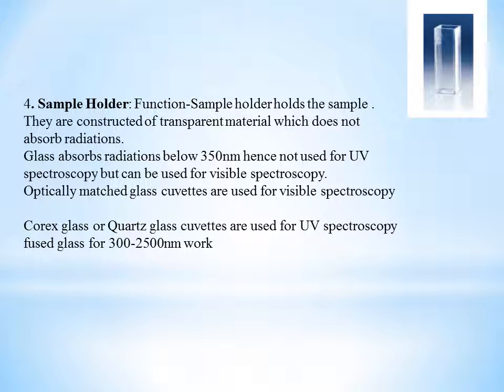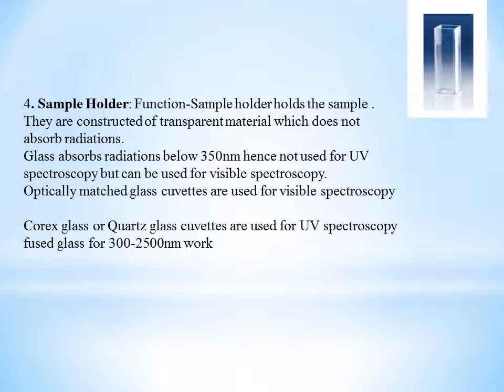These sample holders are constructed of transparent material which does not absorb the radiation. If it is normal glass, we can't use it for UV spectroscopy. Why? Because glass absorbs radiation below 350 nanometer. So we can't use it for UV spectroscopy, but we can use it for visible spectroscopy.